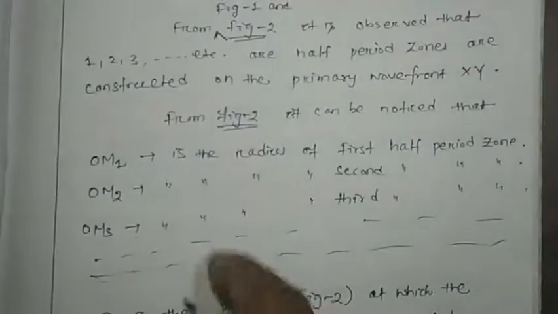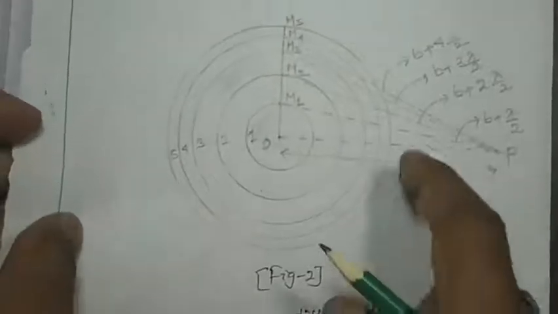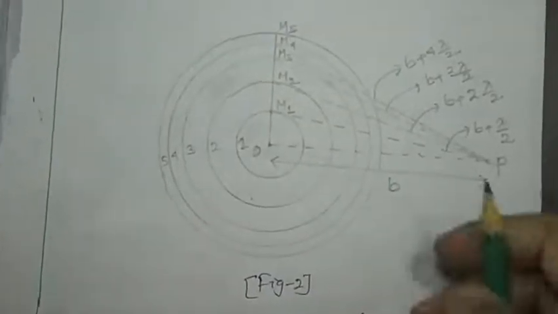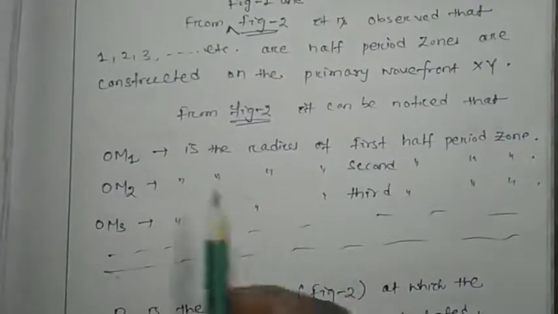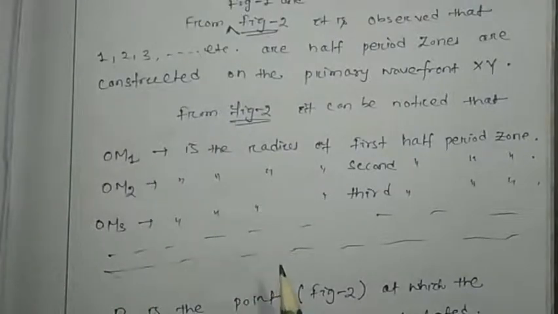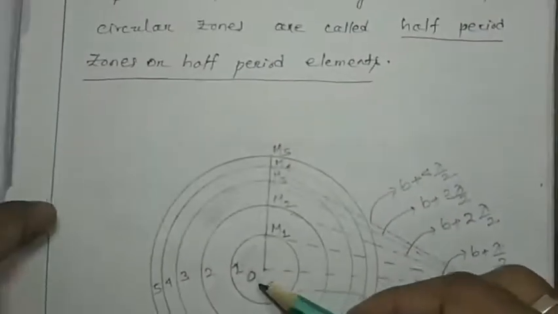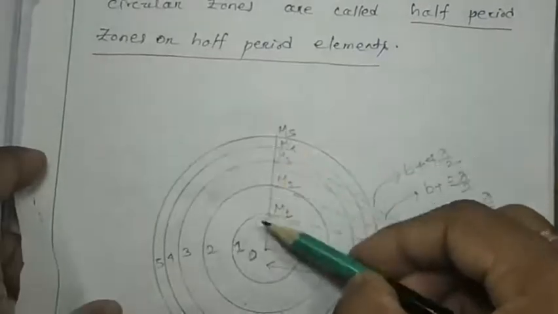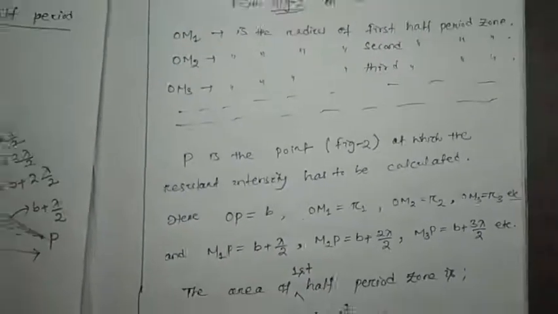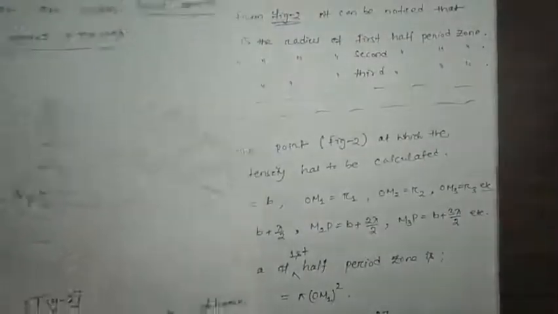And this is figure 2. From figure 2 we can see that OM1, OM2, OM3 are the radii of the half period zones, and P is the point at which the resultant intensity has to be calculated.